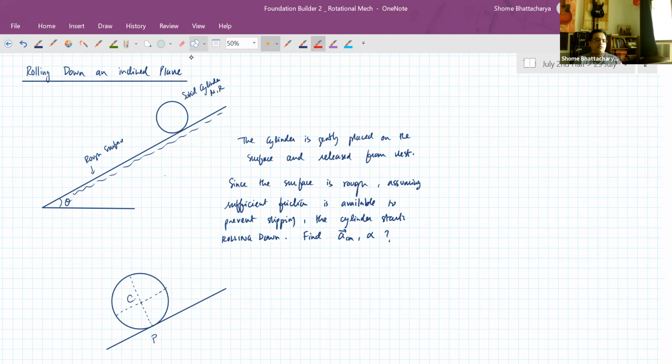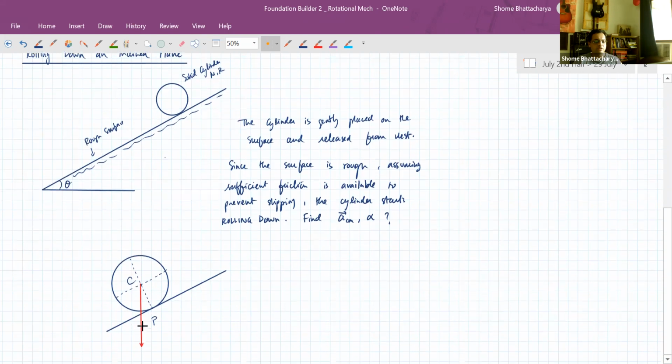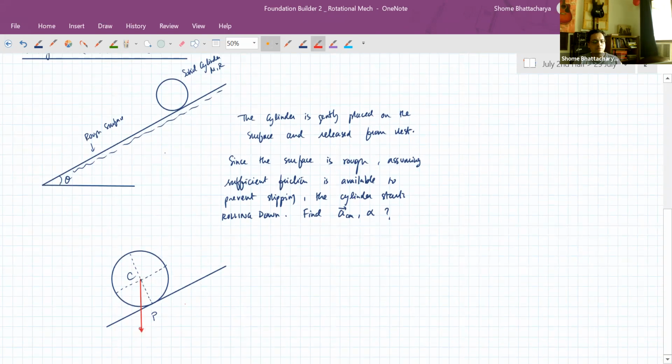So you realize that the forces acting on the body are the weight, which acts vertically down through the center of mass, mg acting through the center of mass. Then there's this normal contact force which acts at the point of contact in the normal direction.